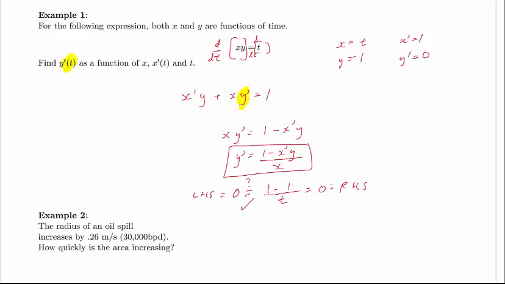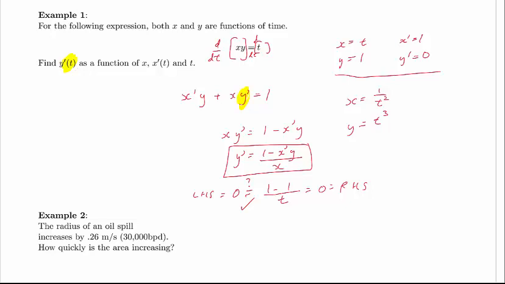Do they equal each other? Yes, they do. Alright, so that was just a quick test. And you can pick any pair of functions as long as it satisfies the original statement. They will also satisfy the final statement right here. So for instance, if I said x equals 1 over t squared, well then y would have to equal t cubed. Multiply these two guys together, you will get t.